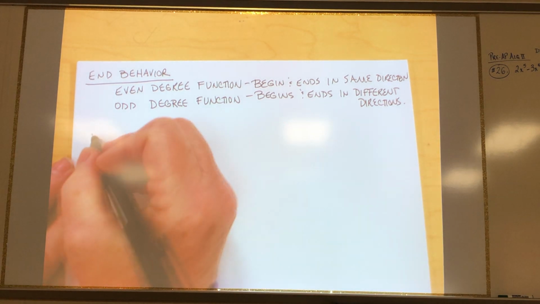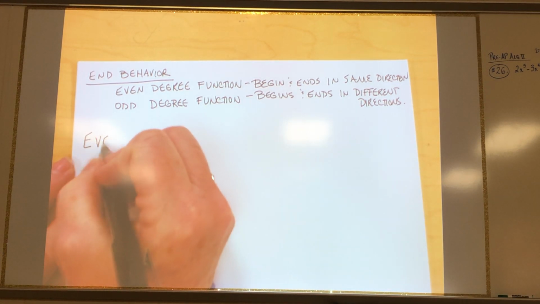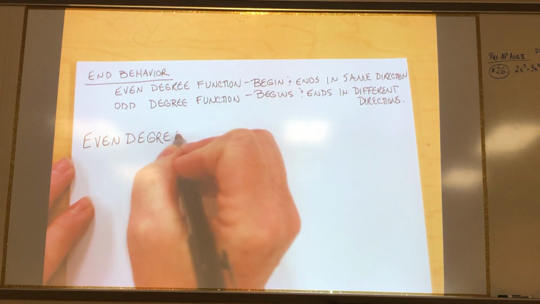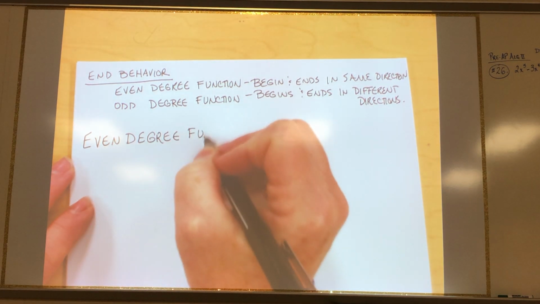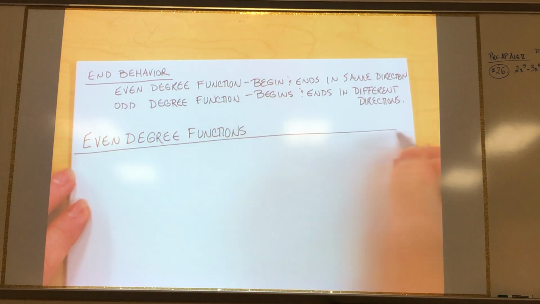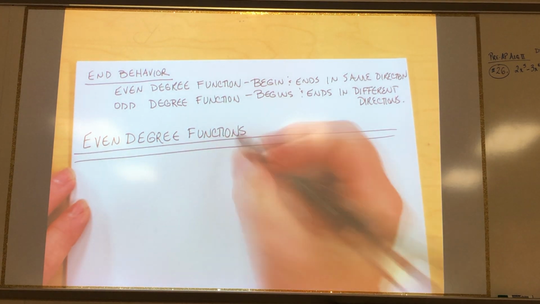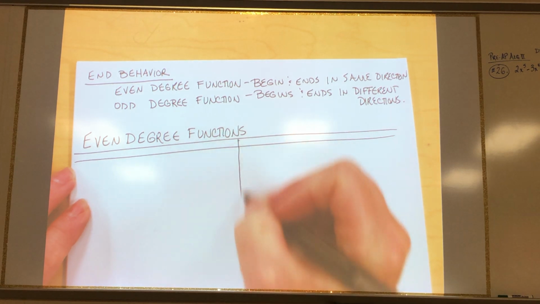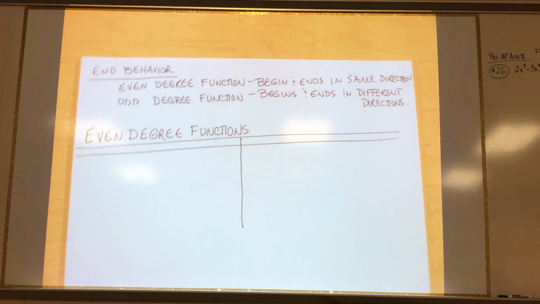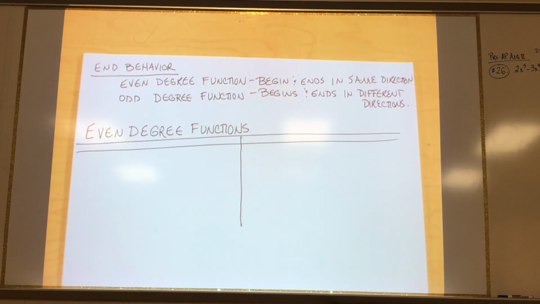Let's talk just about the even degree functions. Now, we're gonna take two things into consideration. So I'm gonna make me a little chart, because I love charts. I can look at a chart really fast and know exactly what it's talking about, as opposed to a paragraph.